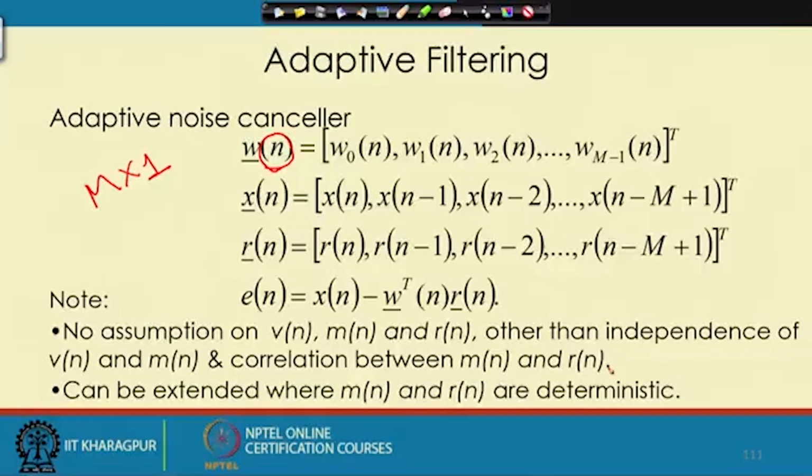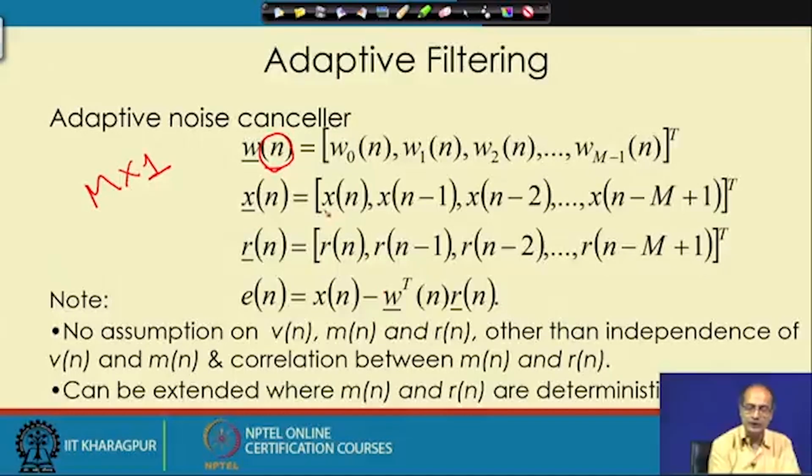The Xn remains the same, it is again an m by 1 vector, consisting of the present value of Xn as well as the past m minus 1 values. The reference signal for the noise canceller, Rn, is again an m by 1 vector, with the present and last m minus 1 values, and here Rn is chosen in such a way that it is correlated with the additive interfering noise.